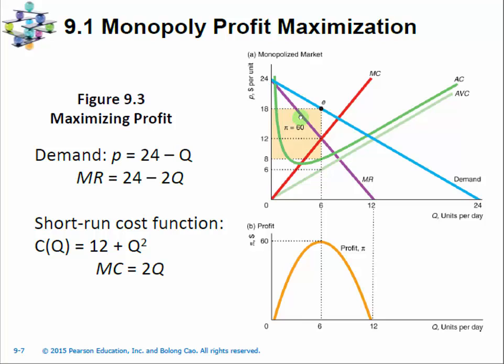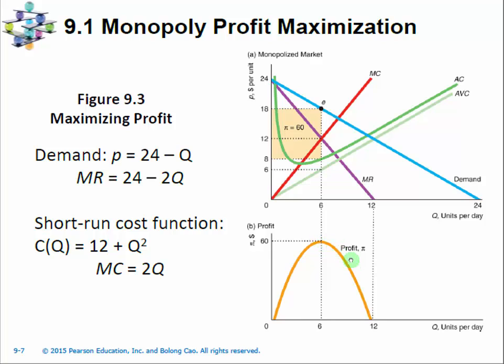So let's review it again. When the marginal revenue is above the marginal cost, the difference between the two is the marginal profit. As long as you have positive marginal profit, you keep producing more until the marginal profit is 0, when marginal revenue equals marginal cost. So the profit keeps rising as the monopolist produces more and more until it hits the peak.